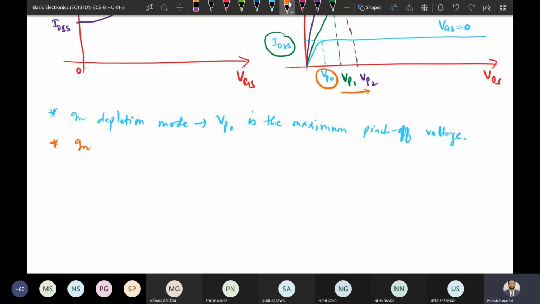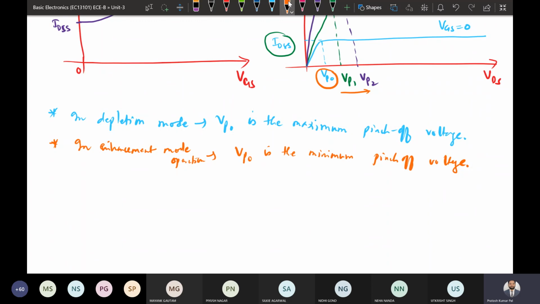Okay, that means in enhancement mode operation, the VP0 is the minimum pinch off voltage. Okay, so this we can conclude from here.